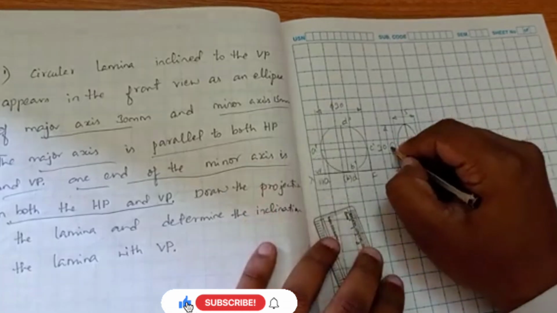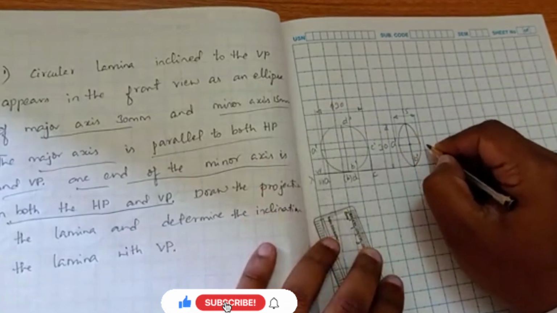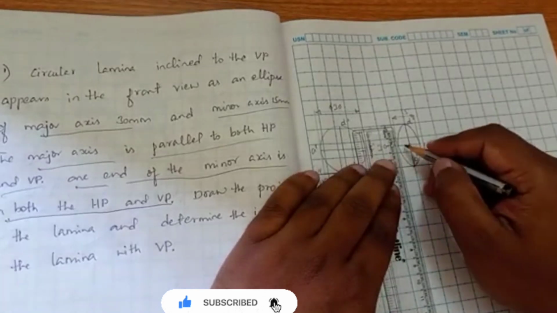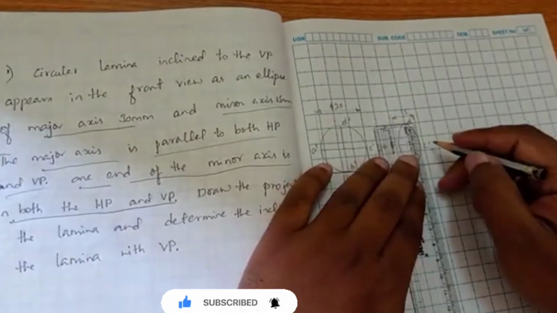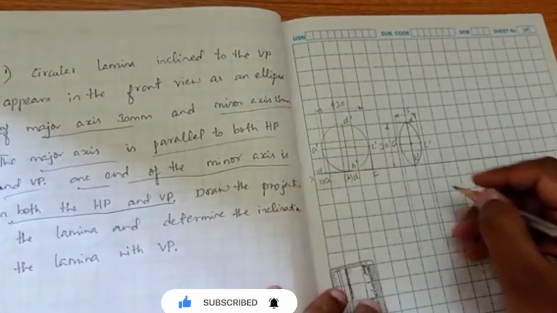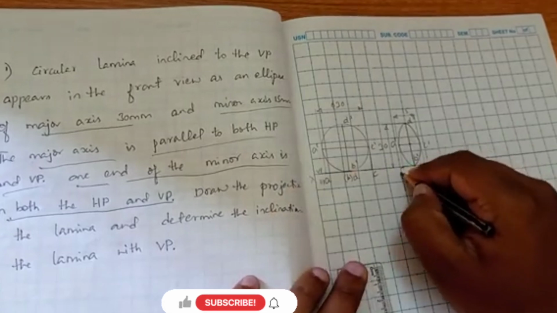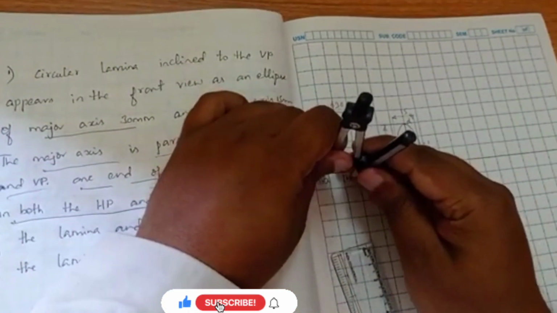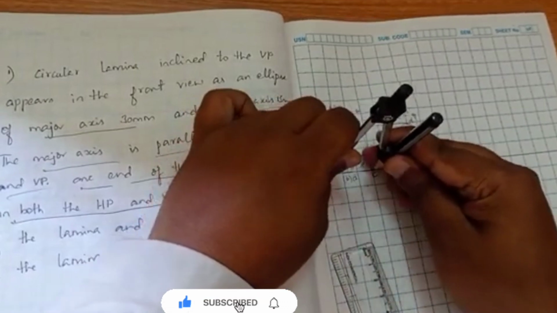So this is our A dash, B dash, C dash and D dash. So we don't know how much angle it is. To find out that, we are going to extend it. This is A, measuring from this end from A to C.